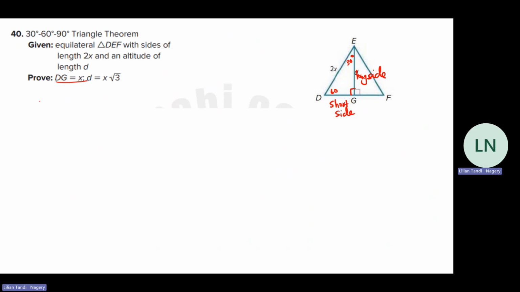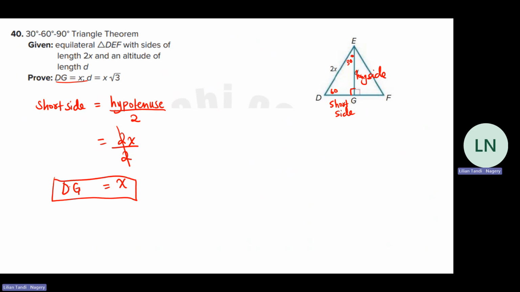The short side equals the hypotenuse divided by 2. So the hypotenuse is 2x, and we will divide by 2. So that goes away, and that is x. And there, I have proved DG is equal to x.